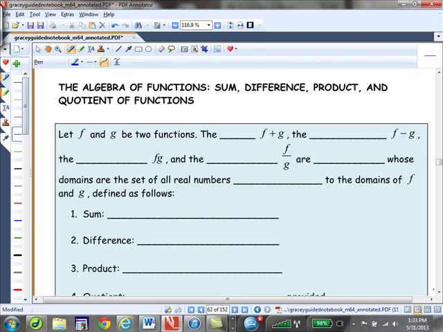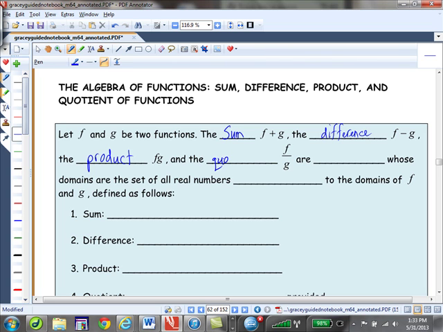Okay, so here are the official definitions that we sort of explored. Okay, so f and g are two functions. The sum, f plus g, the difference, f minus g. The product, f times g.